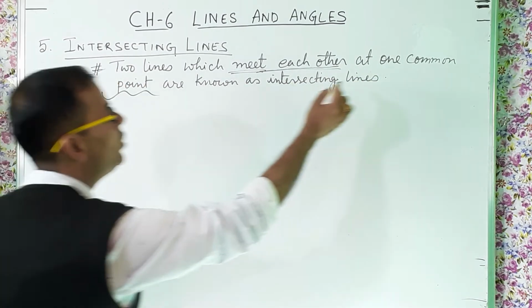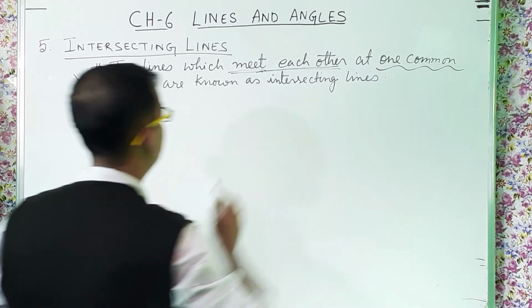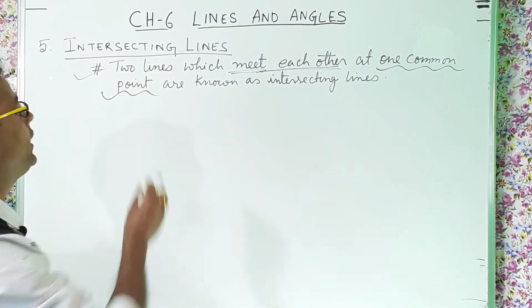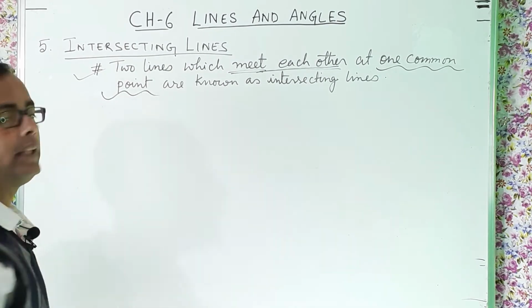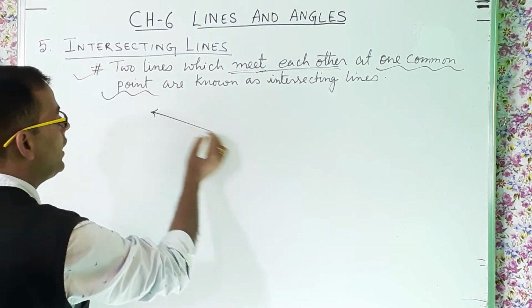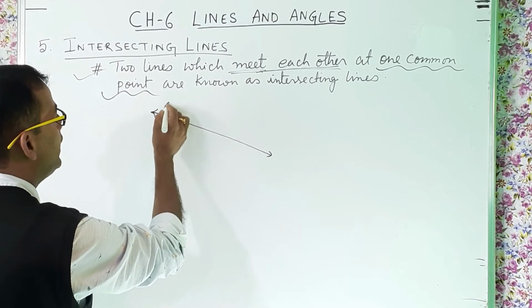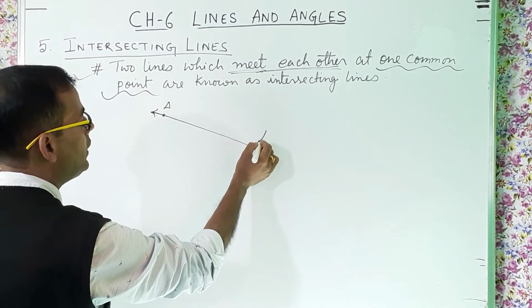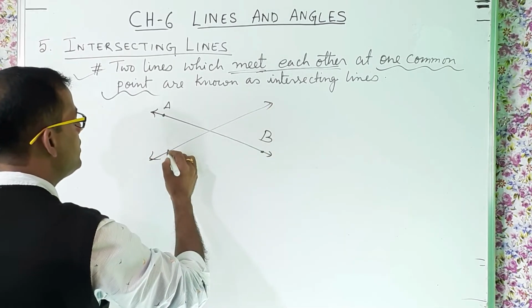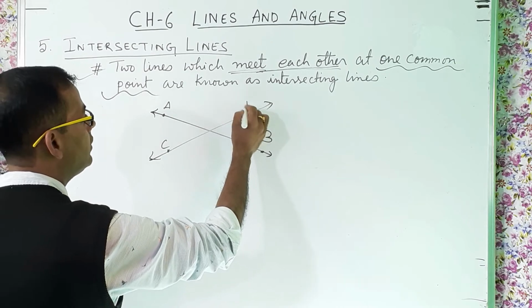That means when two lines are meeting each other at one common point, they are known as intersecting lines. Suppose here is one line, A and B, and there is another line, C and D.